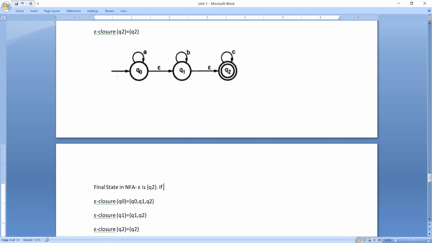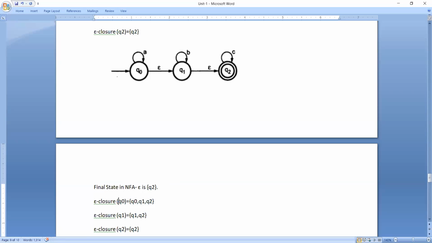Okay. Just now I told you: if the epsilon closure of some state, for example Q0, consists of a final state, what is the final state? Q2. Do we have Q2 in the epsilon closure of Q0 or not? Please try to understand.